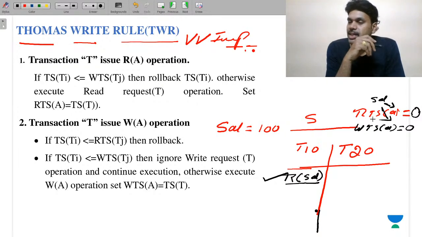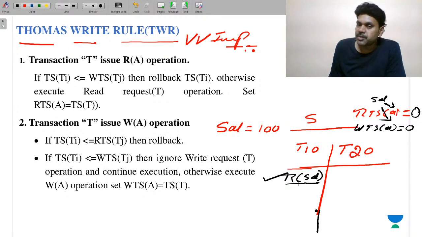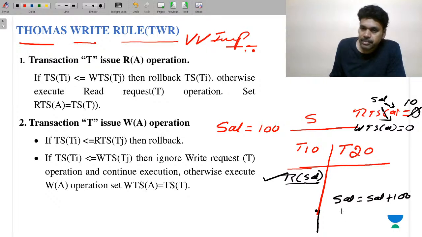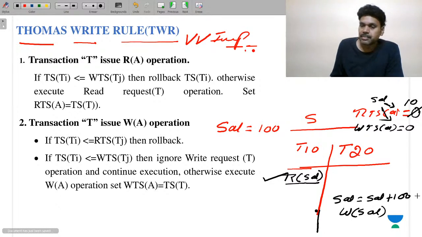So RTS of salary is equal to 0, WTS of the salary object is 0. Now I am performing read of salary. It's fine. Now you see salary is equal to sal plus 100. Write of salary.